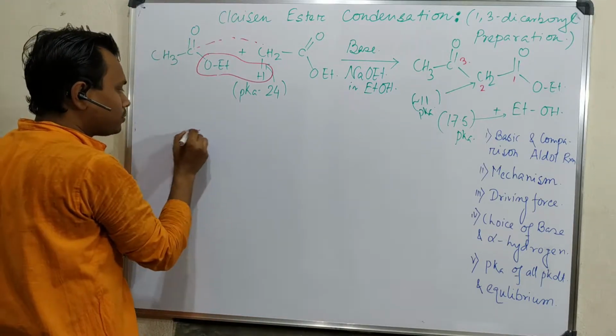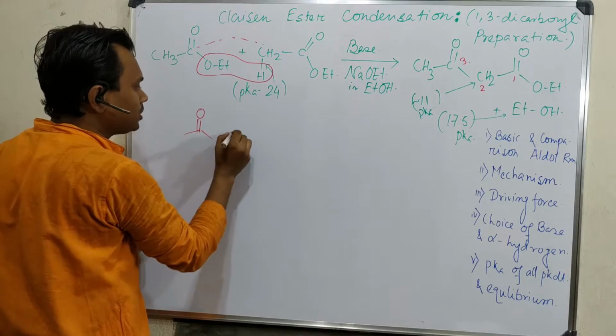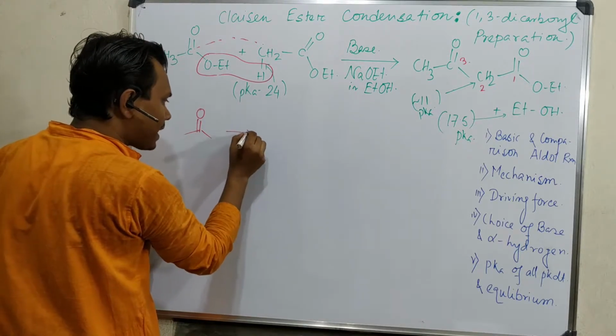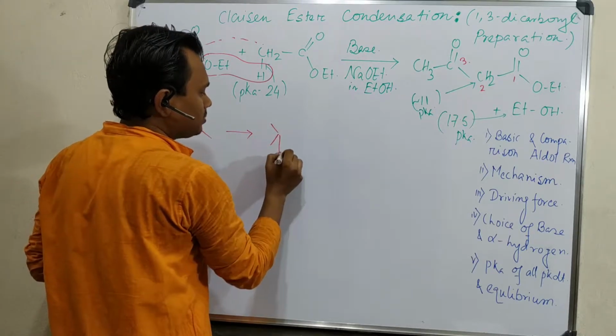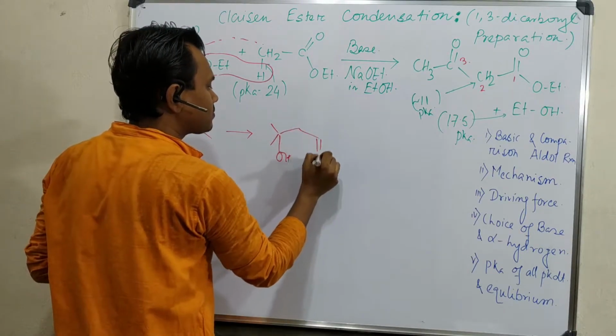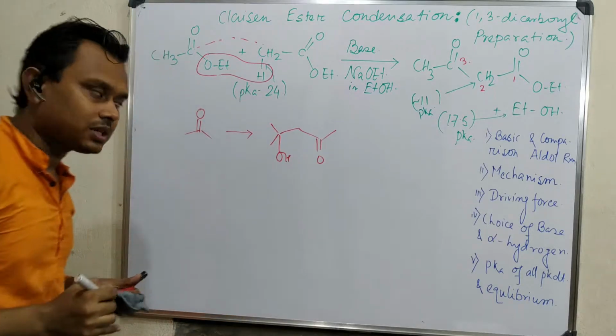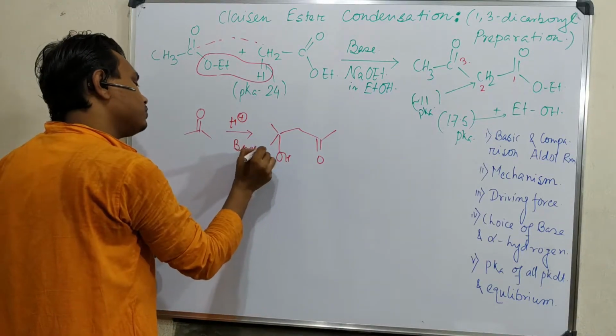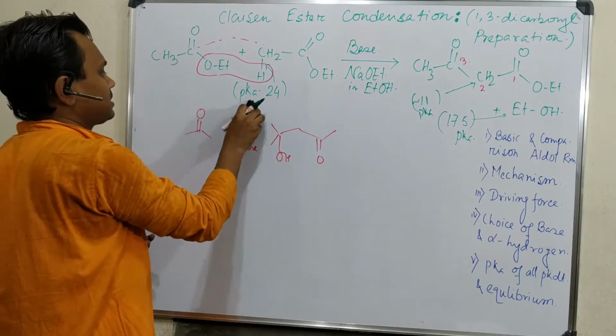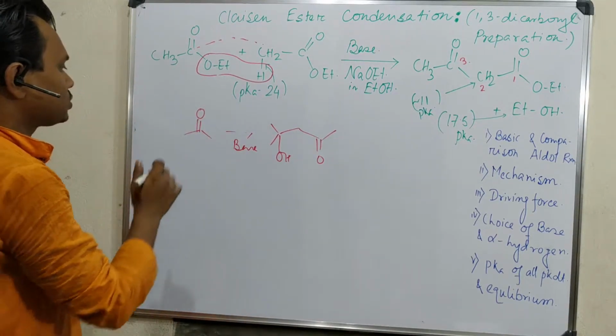In aldol we have observed that a carbonyl group in the presence of base or acid produces a beta hydroxy carbonyl. We will consider the base mediated part. So what happens?